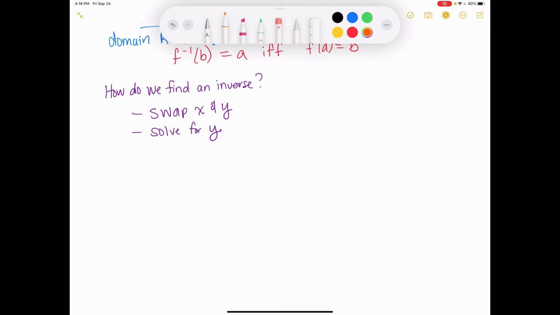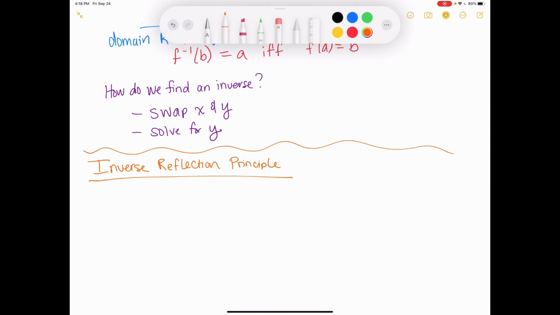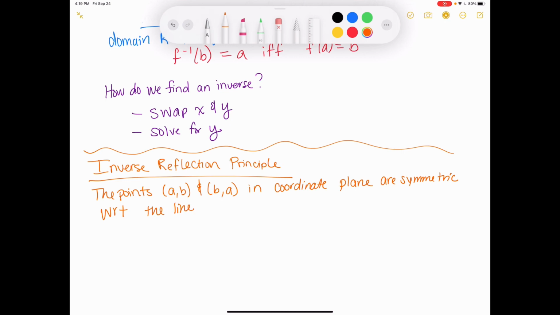And then we've got the inverse reflection principle. This states that the points (a, b) and (b, a) in a coordinate plane are symmetric with respect to the line y is equal to x.